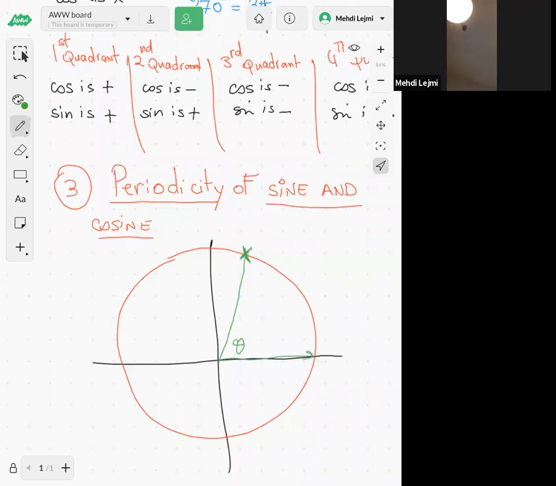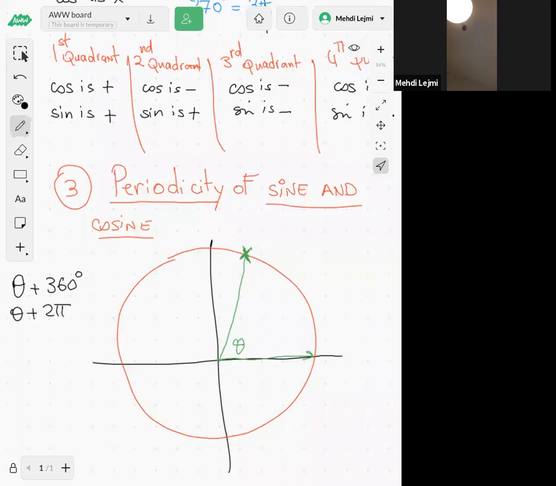All right. Now what I'm going to do, guys, is a full rotation. So I'm going to do theta plus 360 degrees, or theta plus 2 pi.